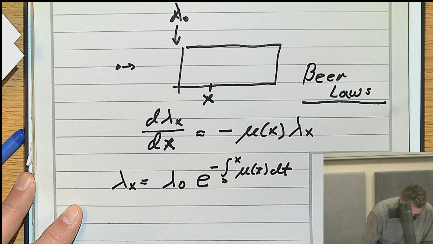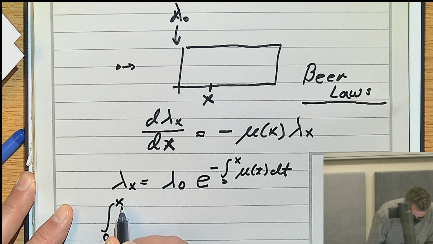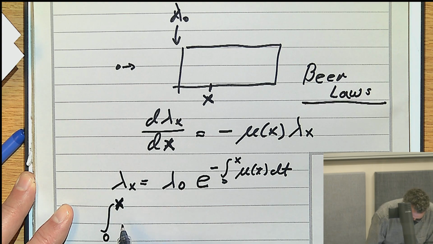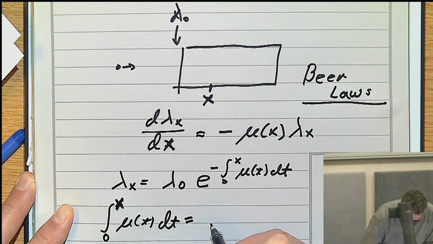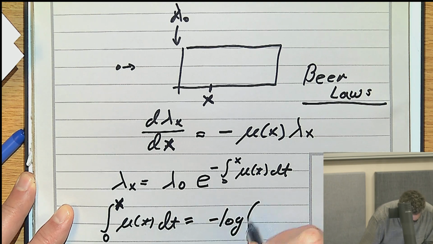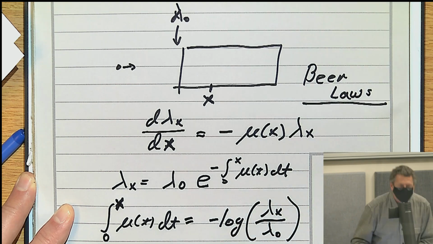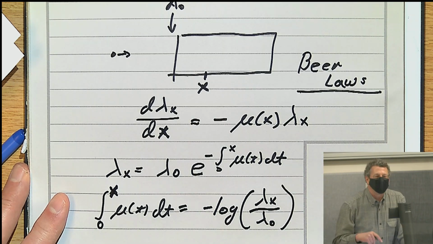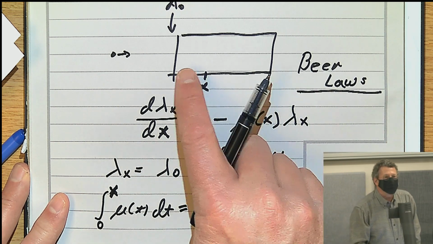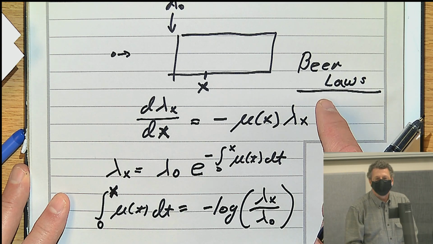So if I take the log, I get that the integral from 0 to x of mu of t dt is equal to the negative log of lambda x over lambda 0. Now, lambda x over lambda 0 has always got to be less than 1, because as the photons go through the sample, they're attenuated, right?